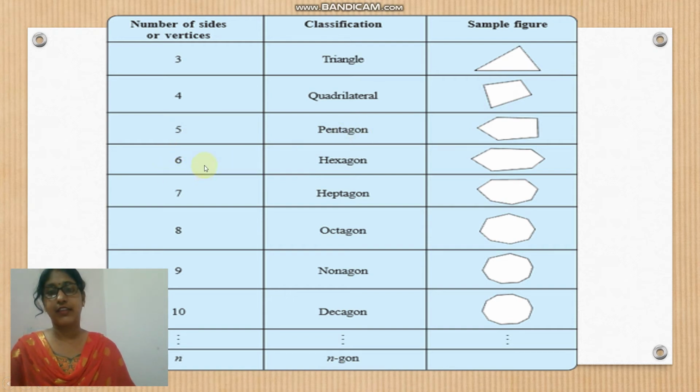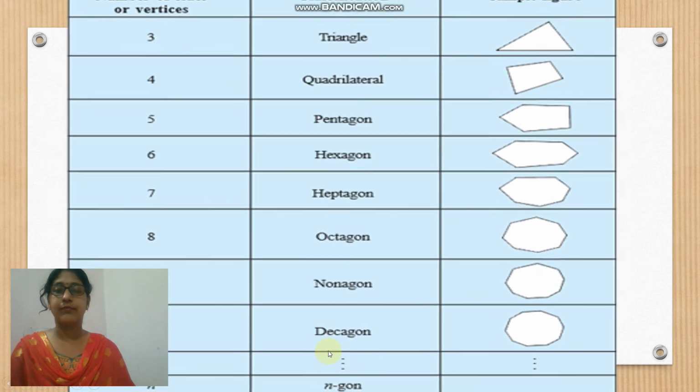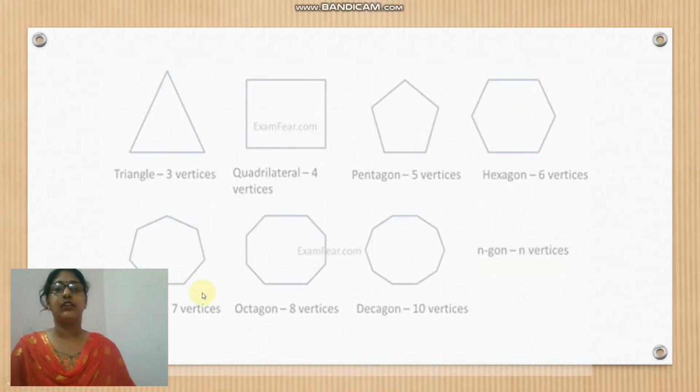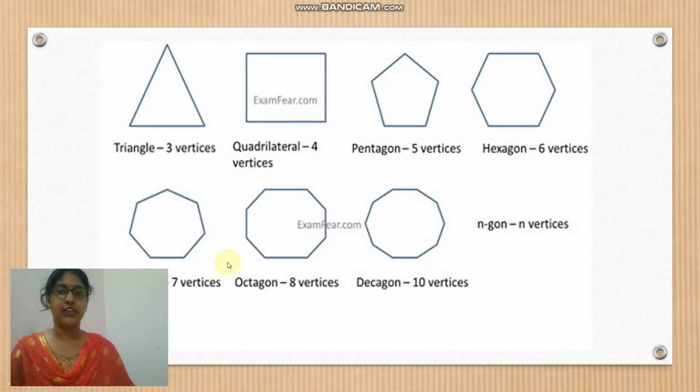With 6 sides, a hexagon. With 7 sides, a heptagon. With 8 sides, an octagon. If we have n number of sides, it is said to be an n-gon. Here you can also see different types of polygons with different vertices.